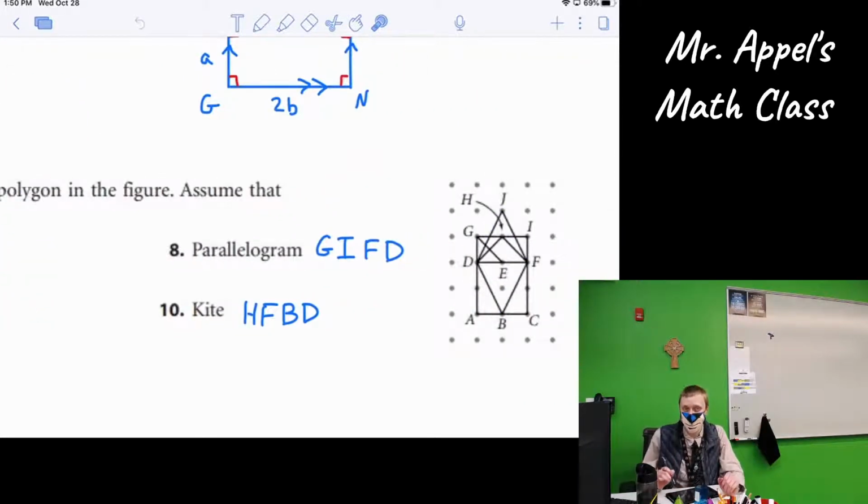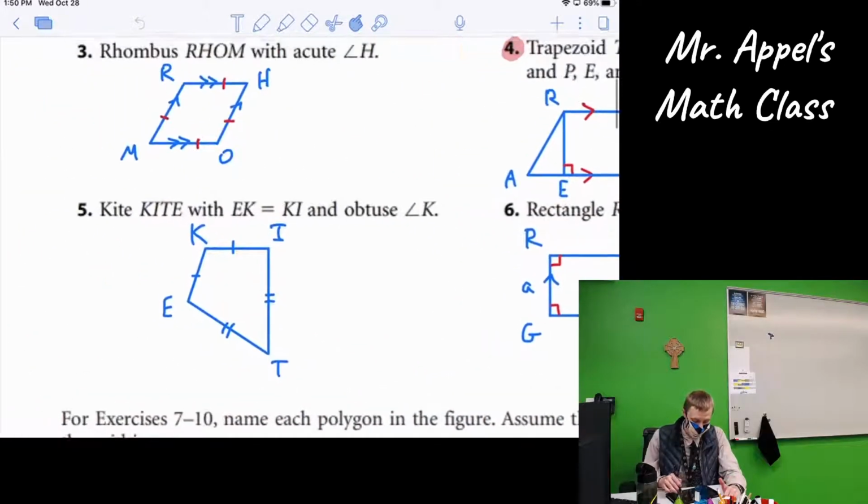And then the kite, there is one shape here with HDBF or HFDB, right, that is uniquely a kite and not any other shape. But it turns out rhombuses are also kites. So you could have repeated your rhombus answer, and a square is a rhombus, so it is then also a kite, right? It doesn't break the definition.